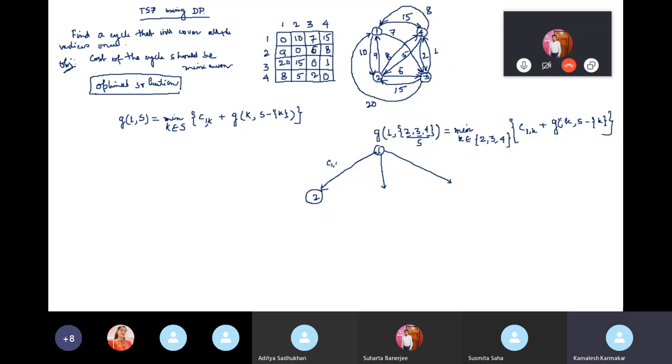C1,2. If we choose next vertex as 3, what will be the cost of this? C1,3. If K equals 4, this cost is C1,4.